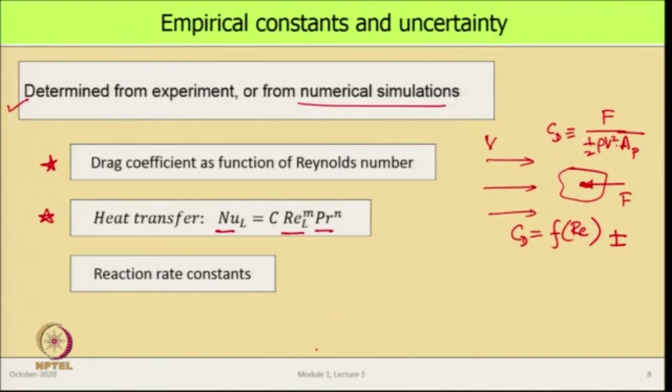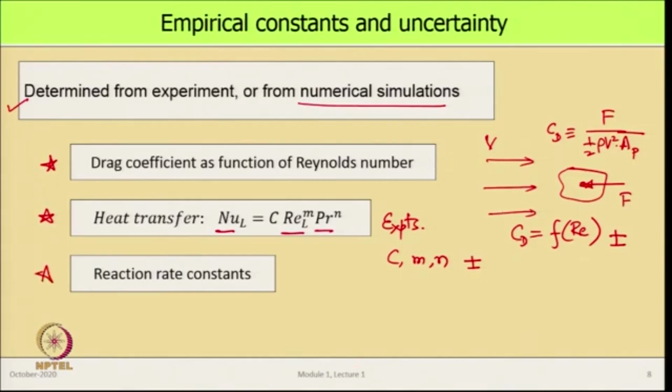Most of these correlations that we use have come from experiments, and what the scientific and engineering community has done is we have taken those experiments which we regard as the best researchers' best results, and the constants C, M and N that came out of their experiments, we treat as the best possible value of these empirical constants. We treat that as a constant in the relations, but practically there is uncertainty in them because this is not an exact relation.